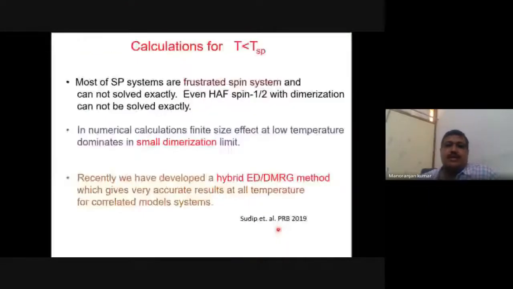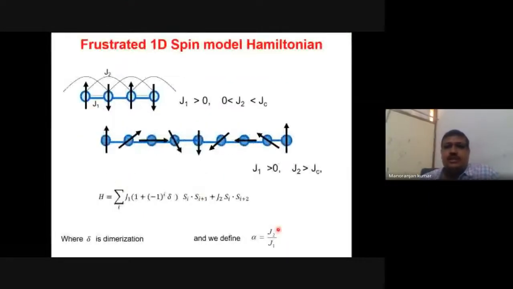Okay. So let's go to the frustrated 1D spin chain model. Here I'm showing you the one-dimensional arrangement of the spins. You have nearest neighbor J1 and next nearest neighbor J2, and both are antiferromagnetic here.